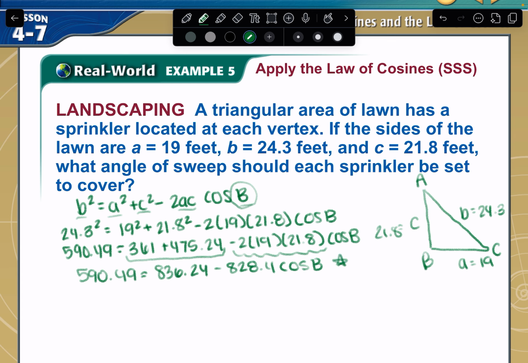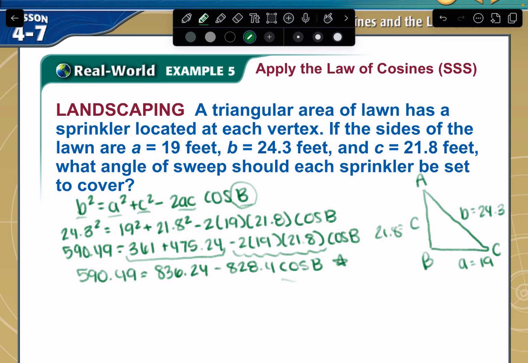This is an important step to pay attention to. The 836.24 and the 828.4 cannot be subtracted from each other because this 828.4 is being multiplied by the cosine B. So yes, they are both whole numbers. However, because this is connected to cosine, I cannot subtract them.